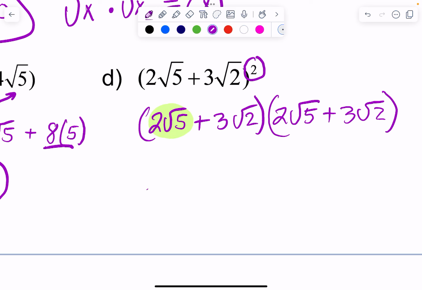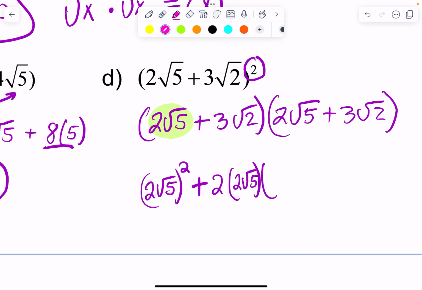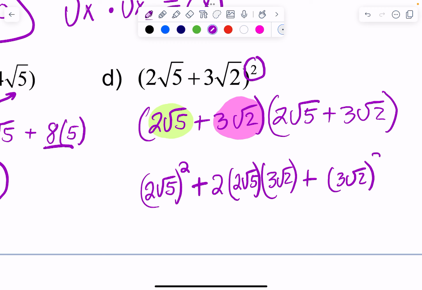So the first term is 2 square root of 5, and we're going to square it. Plus 2 times the first term times the second term, plus the second term, which is 3 square root of 2 squared.